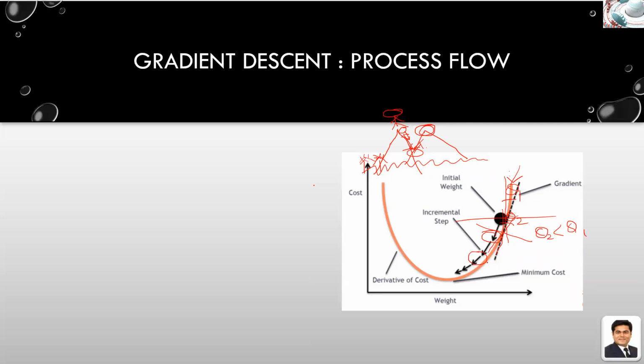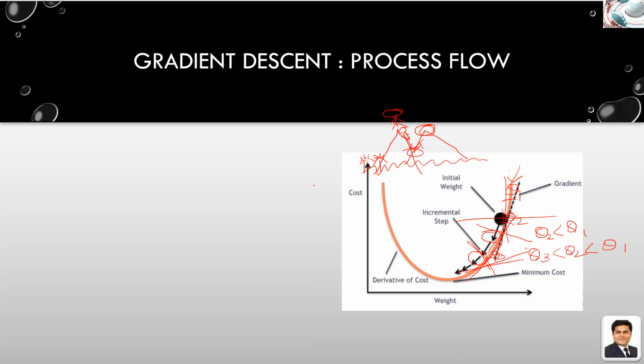Similarly, if it goes here and again checks the slope, this slope is theta 3, so theta 3 is less than theta 2, which is less than theta 1, and so on and so forth.